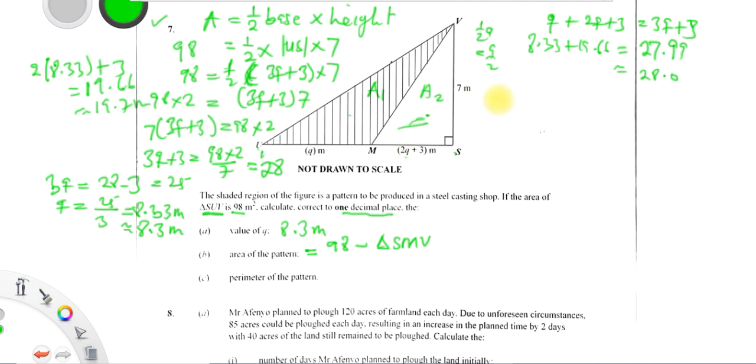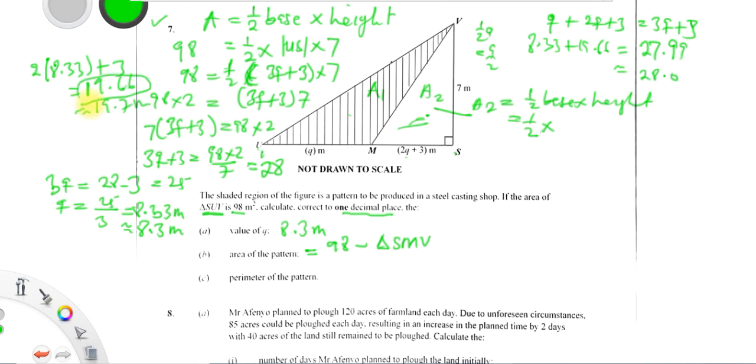So this one is half of this. This area A2 is equal to half base times height, which is equal to 1 over 2 times the base. The base is this one, 2Q plus 3.